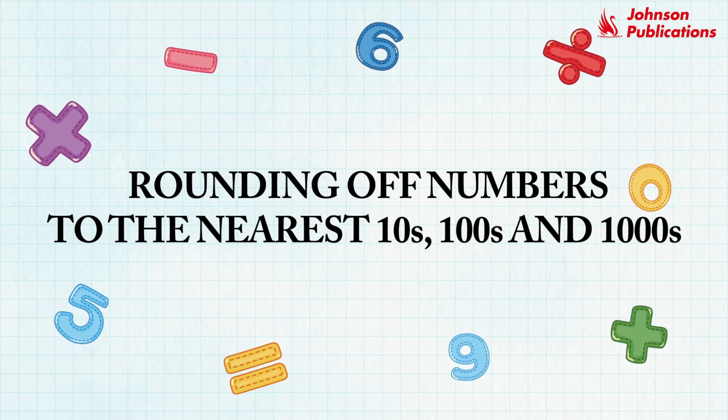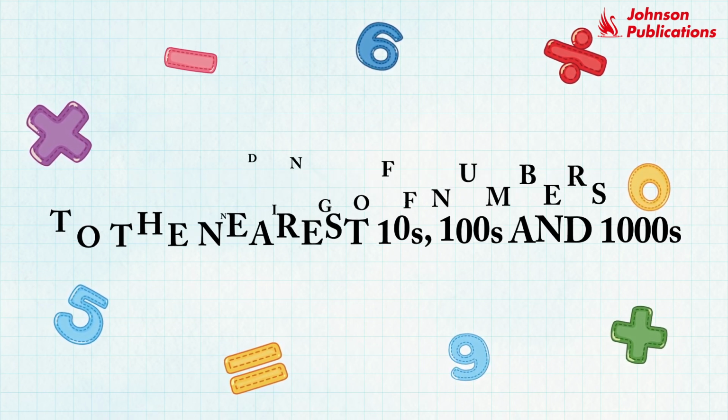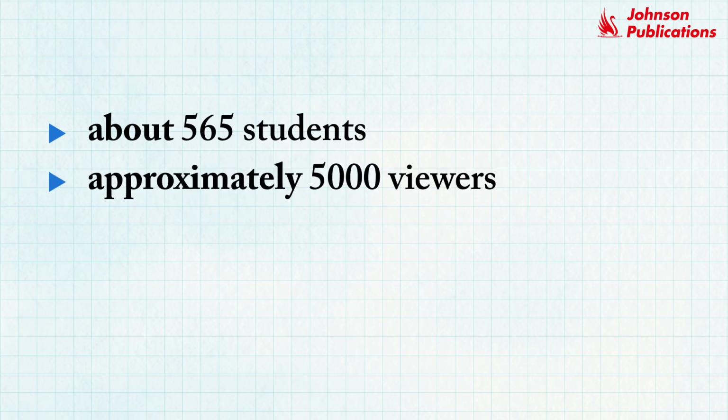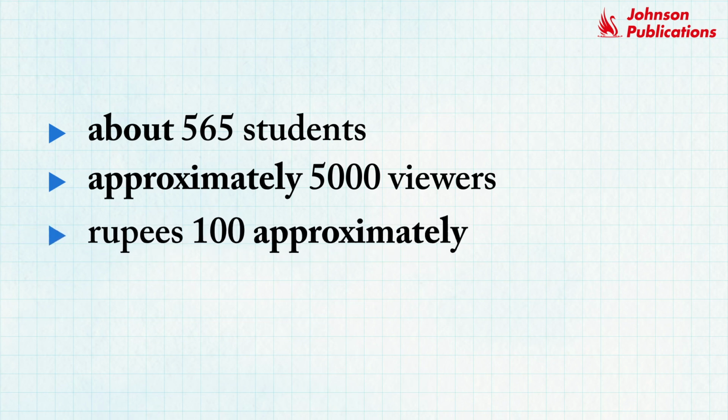Rounding off numbers to the nearest tens, hundreds and thousands. You must have heard about situations like, there are about 565 students in a school, there were approximately 5,000 viewers in the stadium. The price of this bag is rupees 100 approximately.